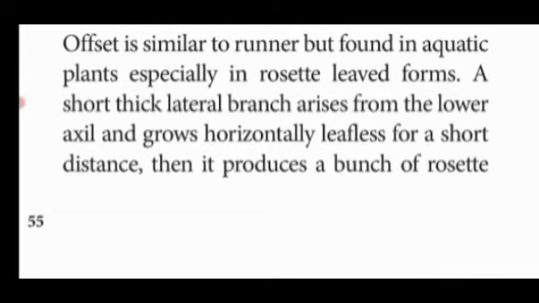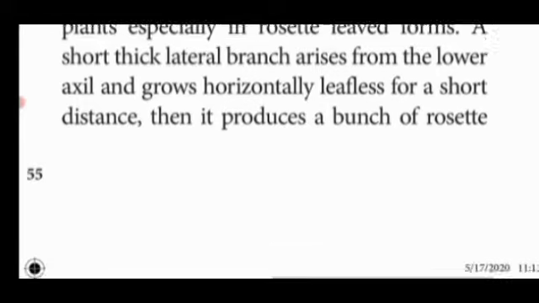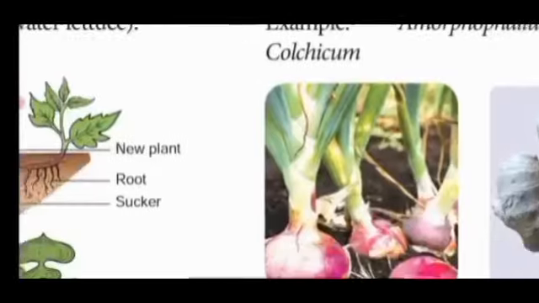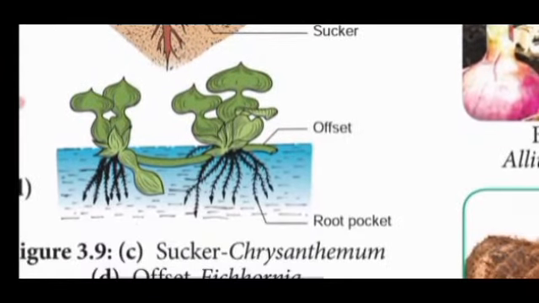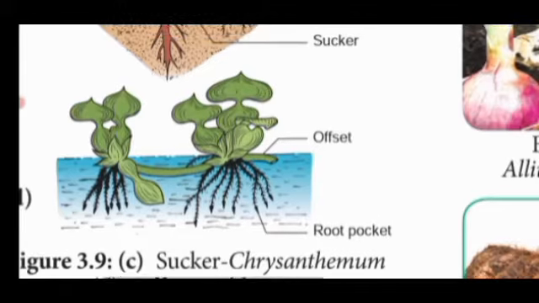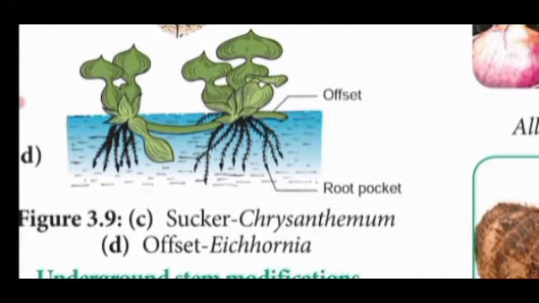Then it produces a bunch of rosette leaves and roots at the nodal region. Examples: Eichhornia, water hyacinth, and Pistia, water lettuce, are some examples of the offset.